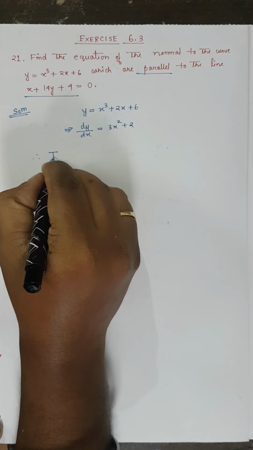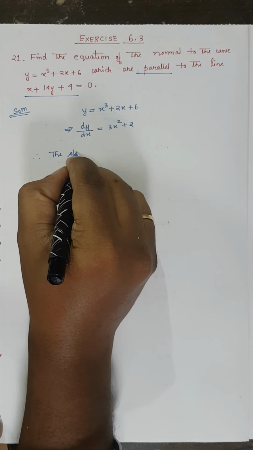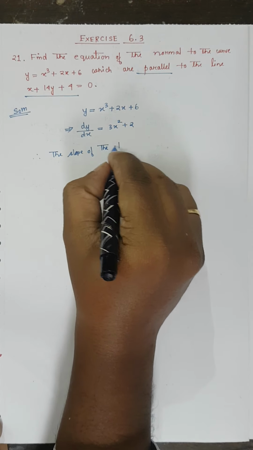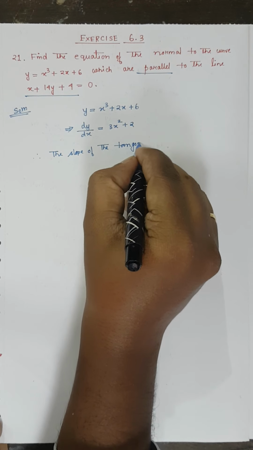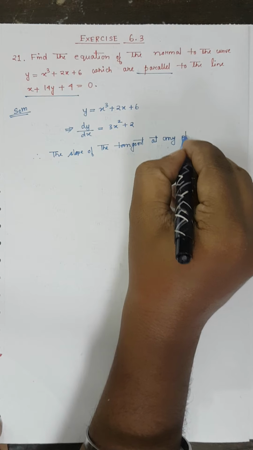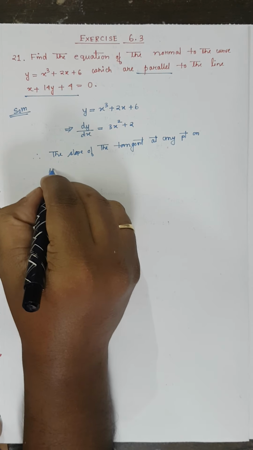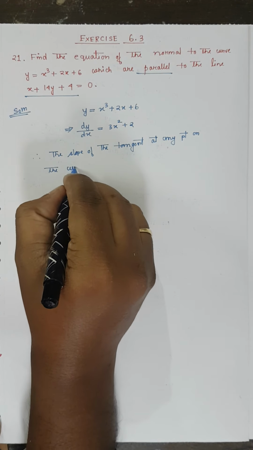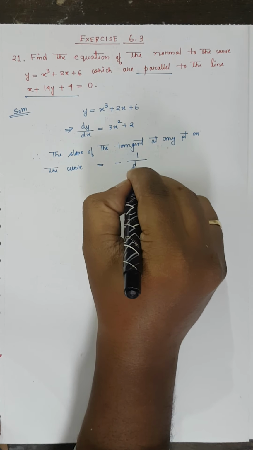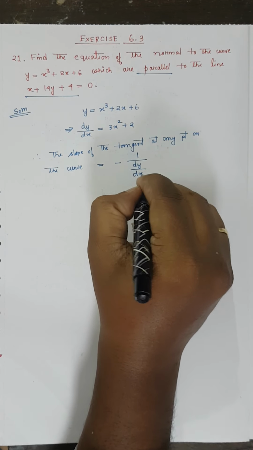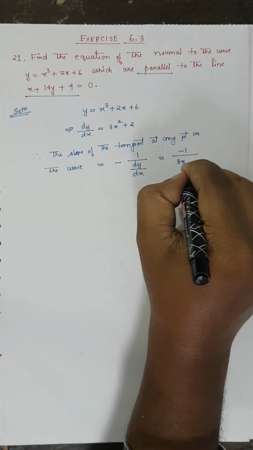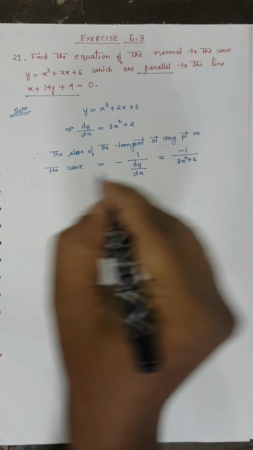Therefore, the slope of the tangent at any point on the curve is equal to minus of 1 by dy by dx, that is minus of 1 by 3x square plus 2.